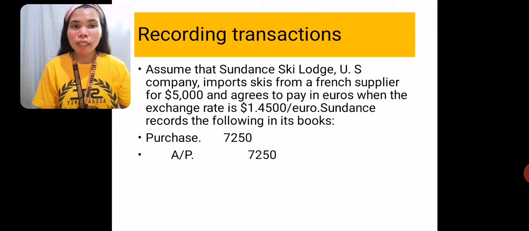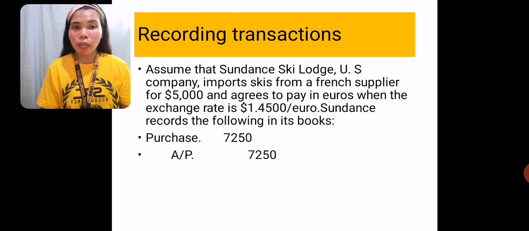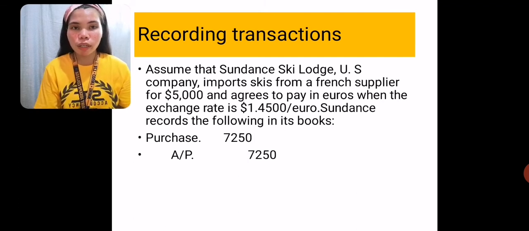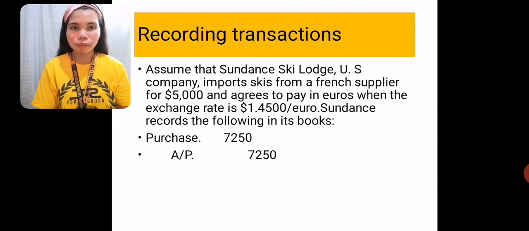So, assume that Sundance Sky Lounge, a US company, imports skis from a French supplier for $5,000 and agrees to pay in euros when the exchange rate is $1.45 per euro. Sundance records the following in its books: debit purchases 7,250 and credit accounts payable 7,250.